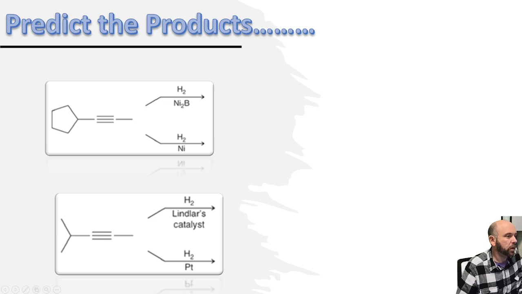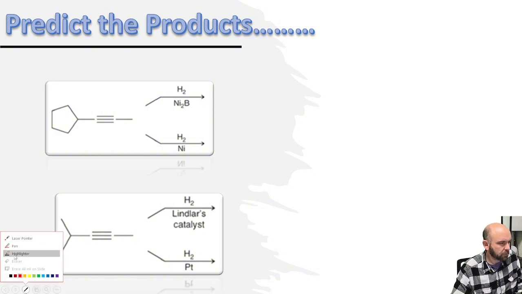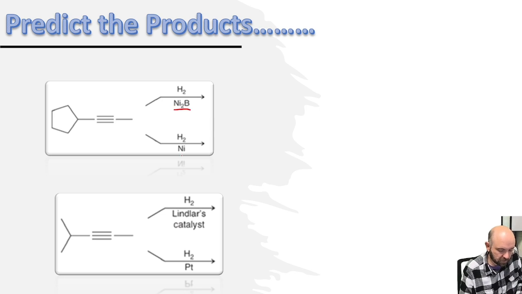So we have some quick predict-the-products examples here on hydrogenations of some example alkynes. In the first box, we see two examples, and both of these list nickel in the reactants. We're going to assume that both of those processes are employing a poison catalyst because of that nickel designation, and because of that we're going to expect the alkene product.